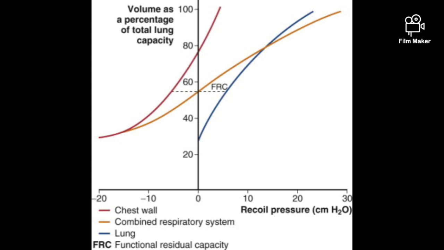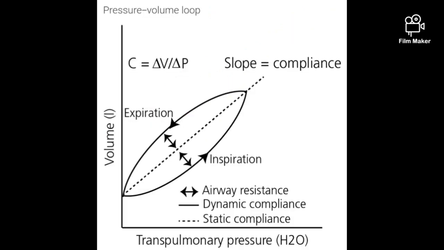The next thing which we have to look here is the lung compliance pressure volume loop. If we look into the graph, it is showing a hysteresis loop, and this loop is formed for the inspiration and the expiration cycles of the respiration.